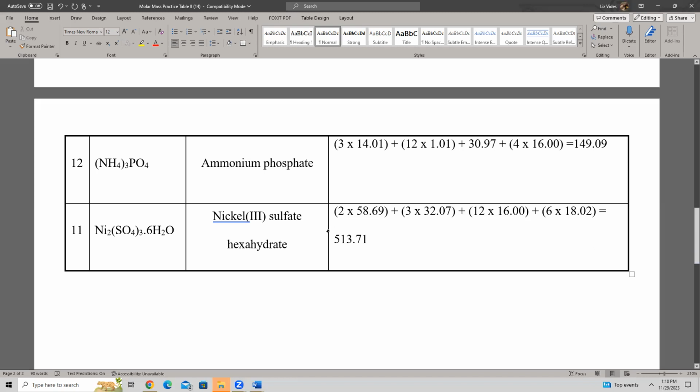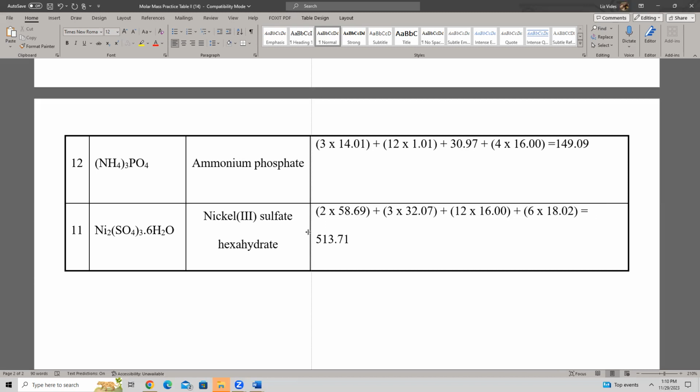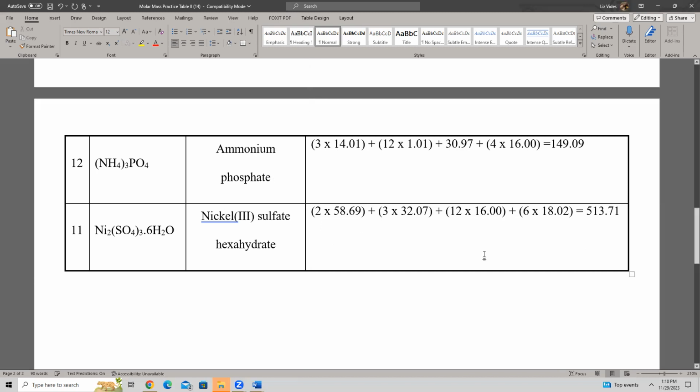It's 513.71. I'm going to make it so we can see it all. All right. Now, the next thing we're going to do is called percent composition. To know what the percentage of every single thing that we have in there by mass, what you do is you take the nickel, whatever's right here.